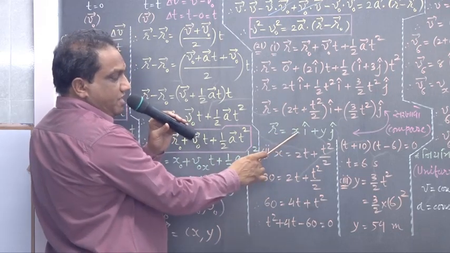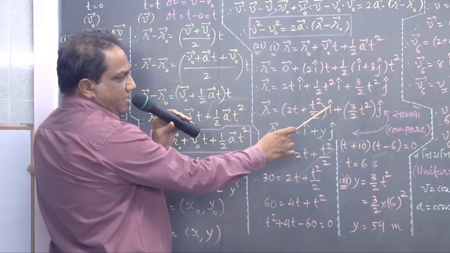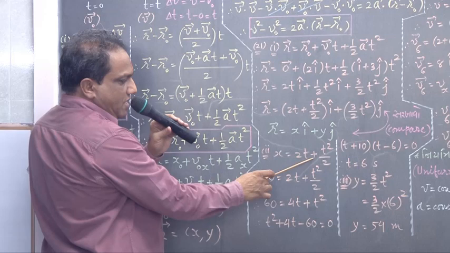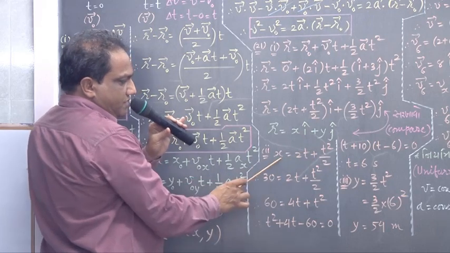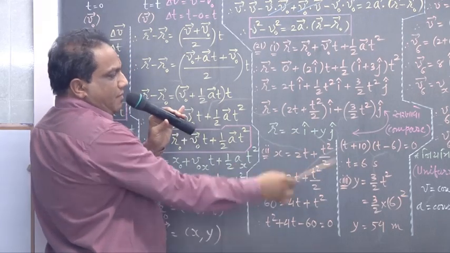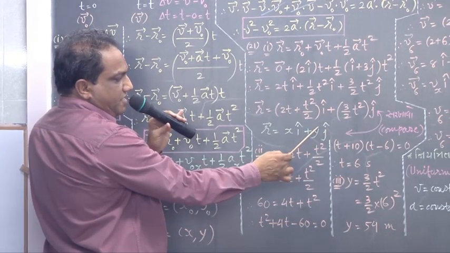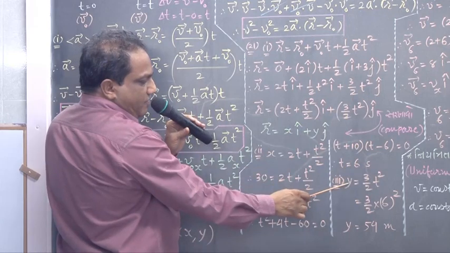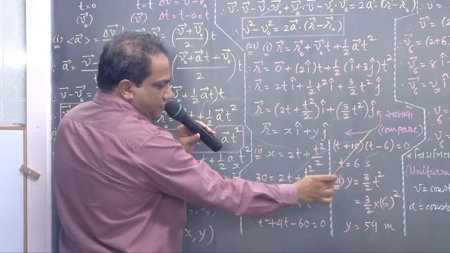That is x. Comparing the coefficients of j hat: here it is y and here it is 3 by 2 t square. So y equals 3 by 2 t square.